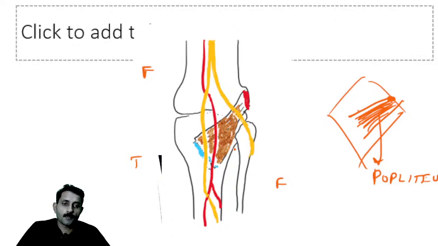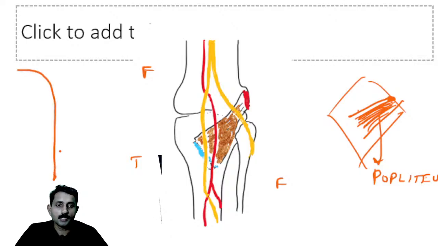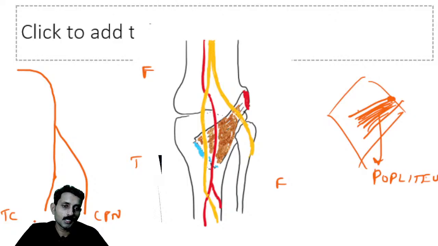So what is the tibial nerve? We have a sciatic nerve which is coming on the back. It will come to the popliteal fossa or above it and divide into two nerves, a tibial component and a common peroneal component. The sciatic nerve divides into the tibial nerve and the common peroneal nerve.